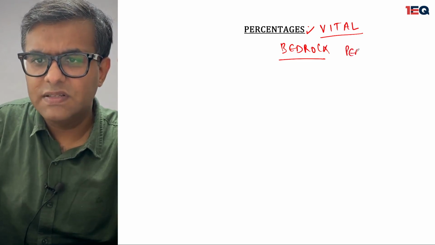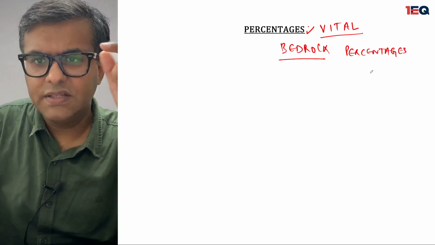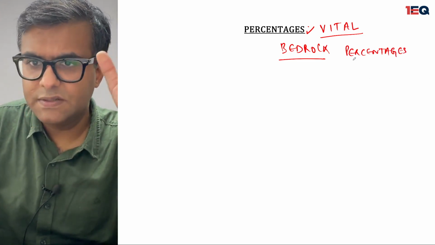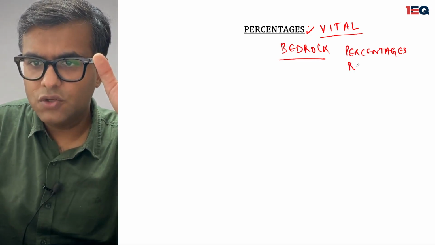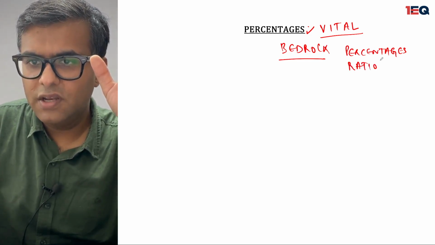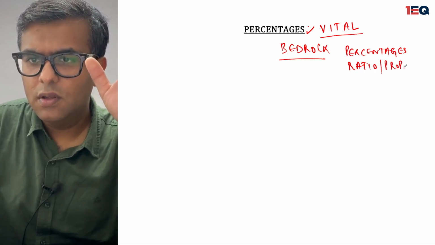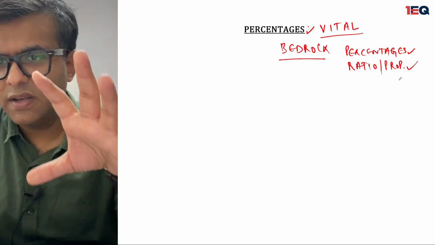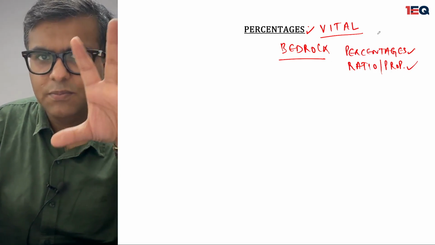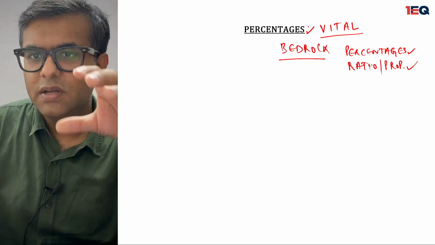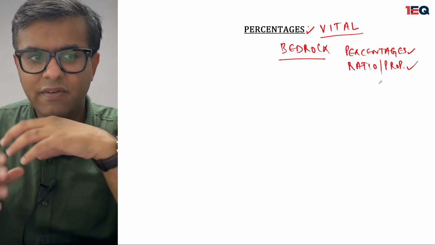The chapters are percentages and ratio and proportions. So these two chapters are very, very important when it comes to simple algebraic level mathematics. So they have a very key role.